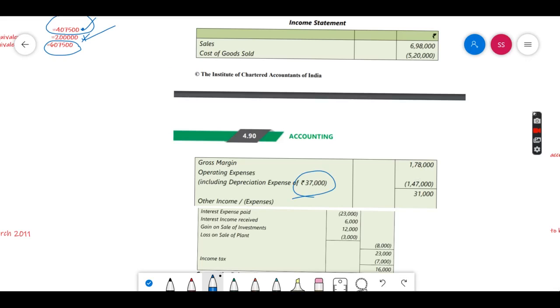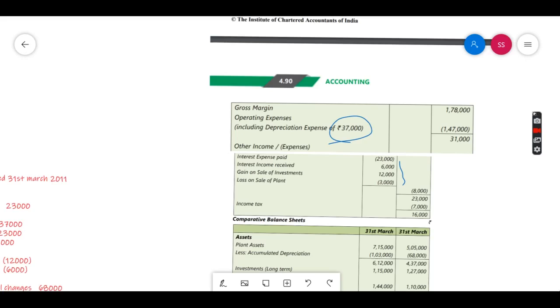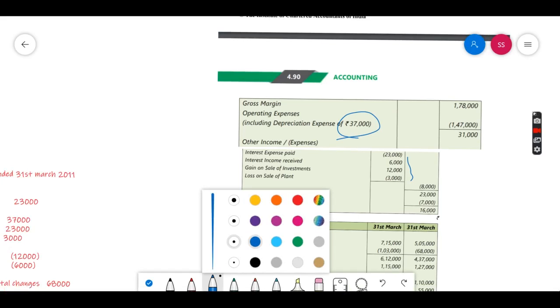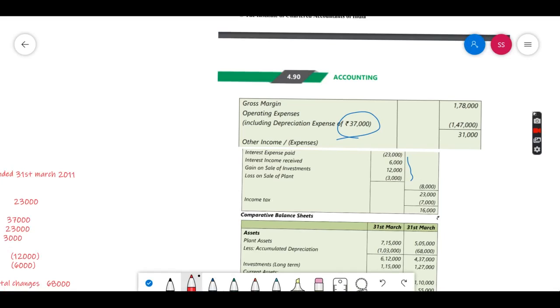Total operating expenses are 1,47,000. After that, they deducted all the expenses, and then they got the profit after deducting the tax. So they gave the net profit in this question.